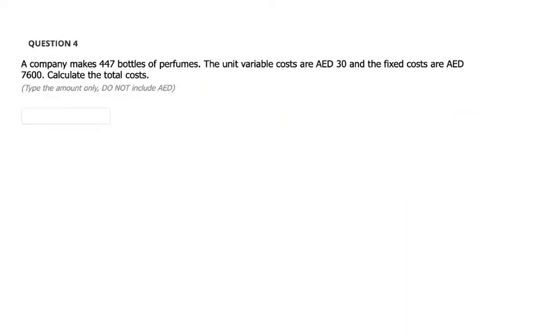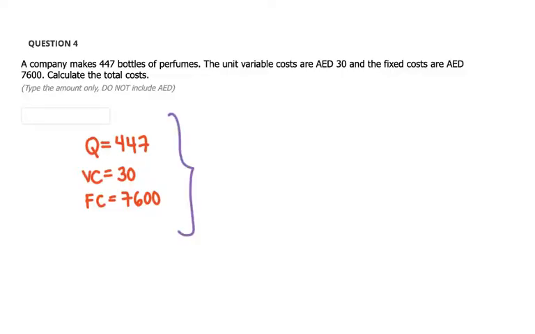Okay, let's move on. It says a company makes 447 bottles of perfume, that's a quantity. Variable costs, so that's the cost per bottle of perfume, is 30 dirhams. And the fixed cost, that would be things like rent and salary, 7,600. Now when it says calculate the total cost, we have every piece of information we need: variable cost times quantity plus fixed cost.